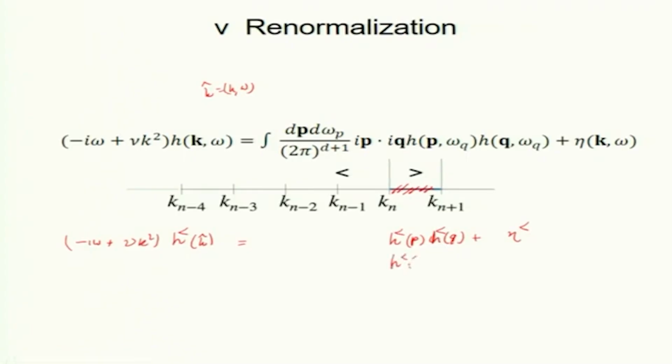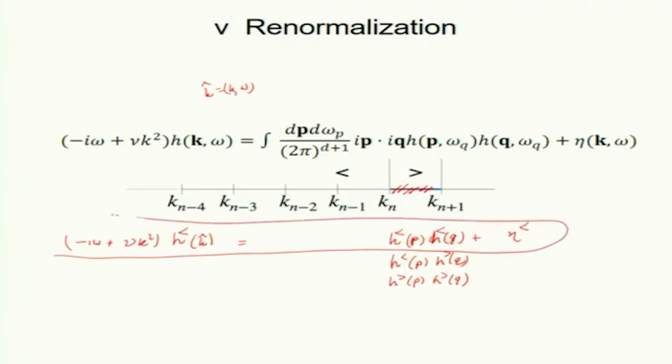So we will have the term h less p, h greater q and its interchange, and the next term is h greater p, h greater q. This equation is the same as before, this becomes 0, and this is the non-zero term that is going to correct nu. That is what I am going to compute.